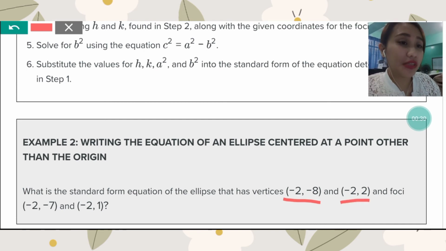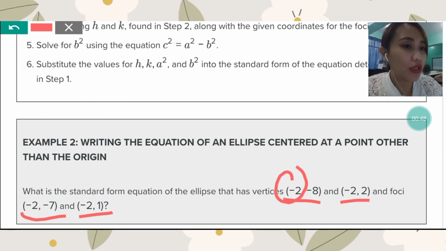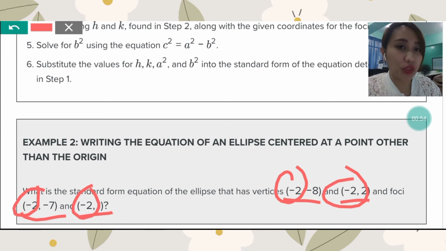Since these are the vertices, meaning the endpoints of the major axis, and the foci (-2, -7) and (-2, 1), these are the two fixed points or the foci. Observe that all the x-coordinates are the same, which are all -2.